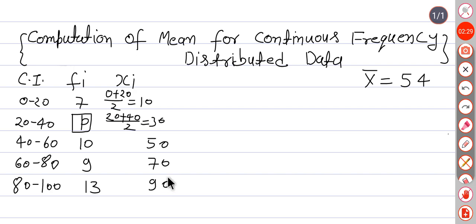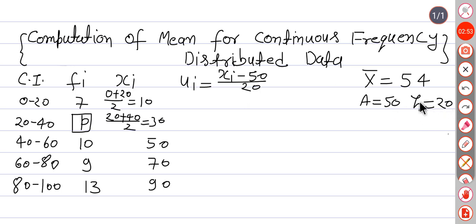Now I am going to use the step deviation method: ui equals xi minus 50 upon 20, where I am taking A as 50 and h as 20. Basically h is the size of the class interval.